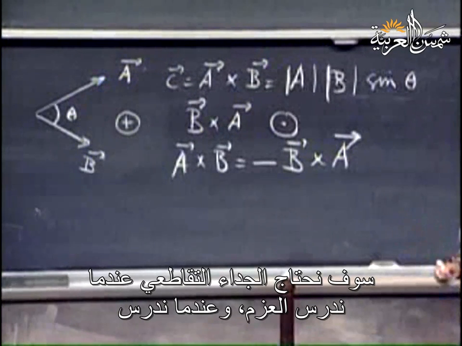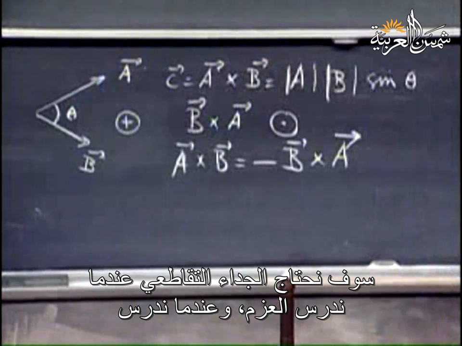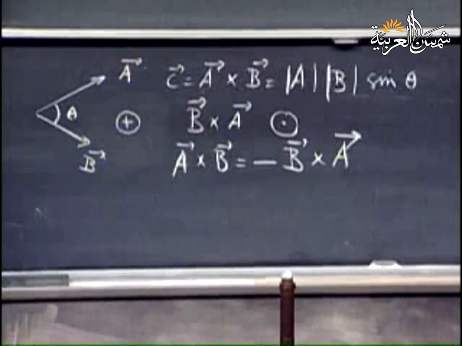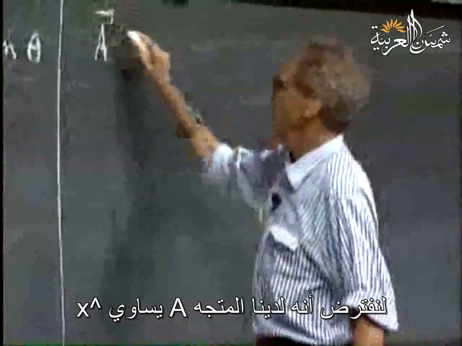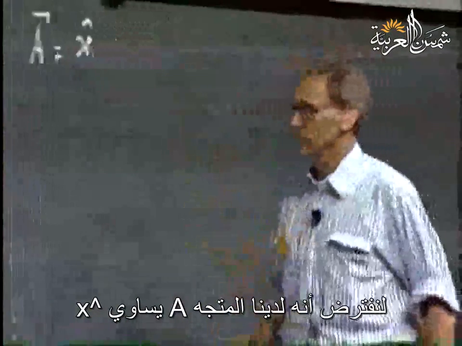We will encounter cross products when we deal with torques and when we deal with angular momentum, which is not the easiest part of 801. Let's take an extremely simple example. Again, I don't mean to insult you with such a simple example, but you will get chances, more advanced chances, on your assignment. Suppose I gave the vector A is x roof.